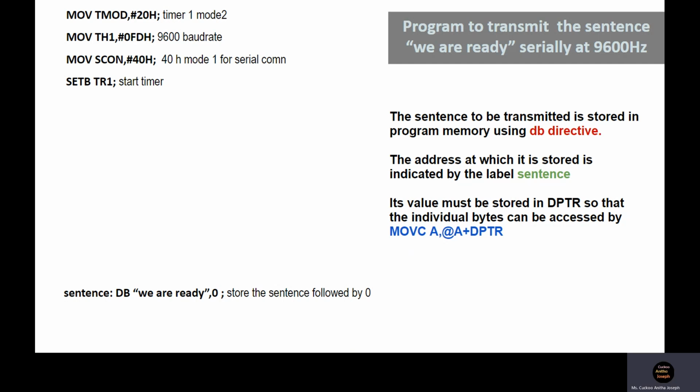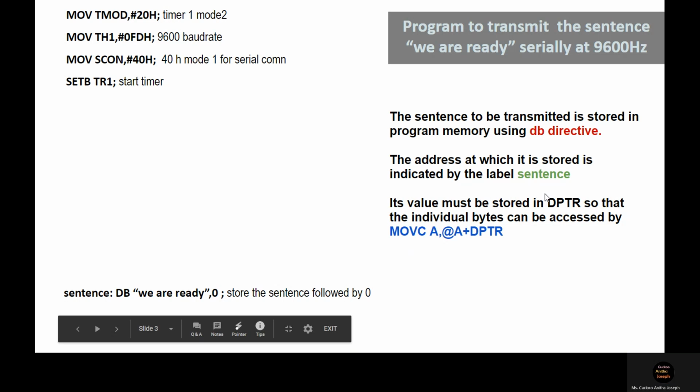And the label will be equivalent to an exact program memory address like 3000H, which we can use in our program instead of the exact address. For example, if we have to access this data, we have to store that value in the data pointer. So you can use the instruction MOV DPTR, #sentence instead of MOV DPTR, #3000H.